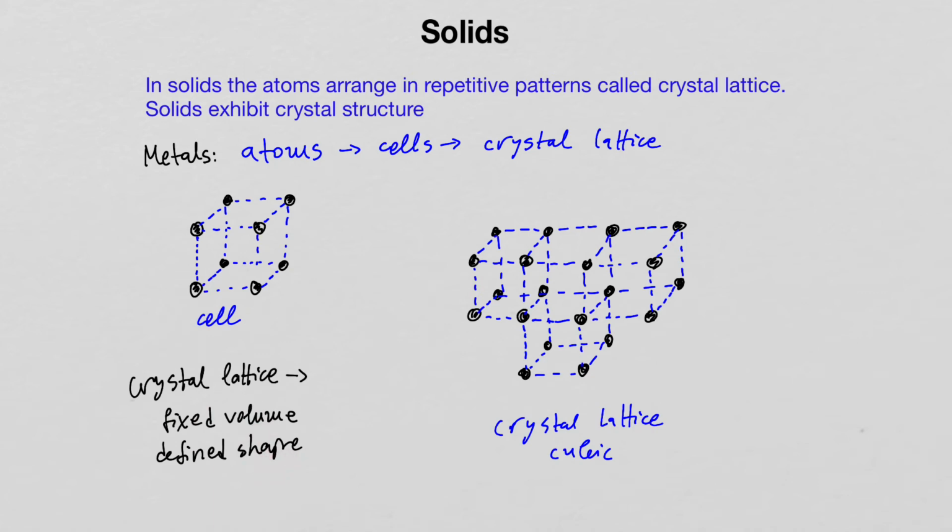And if you have seen a cube of sugar, a single grain of sugar has also a cubic shape, and that is because the crystal lattice of sugar has a general cubic arrangement. So this is a simple example of the defined shape and fixed volume for solids.